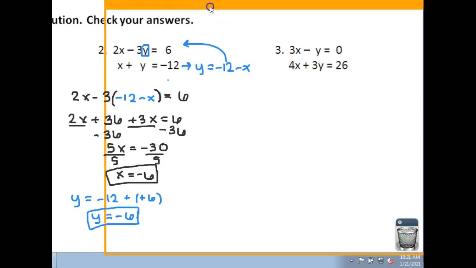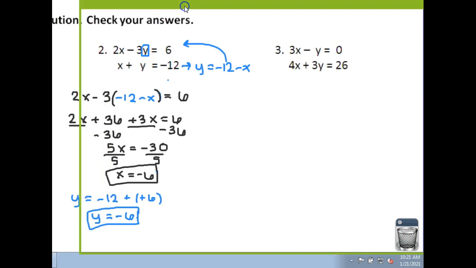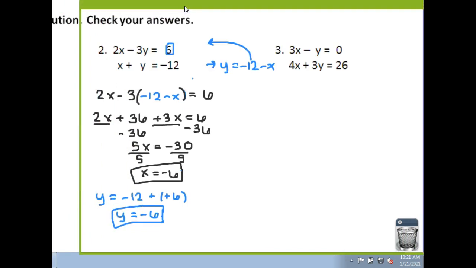Number 3. Same idea. This time we're also going to solve for y because it's the only variable that does not have a number on it. So you always want to pick the variable without a number.